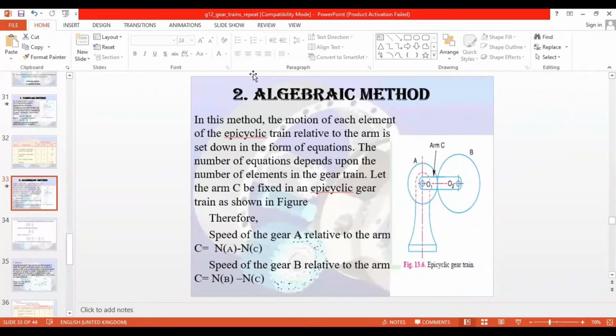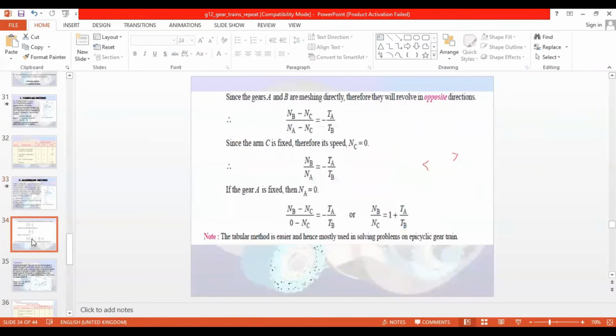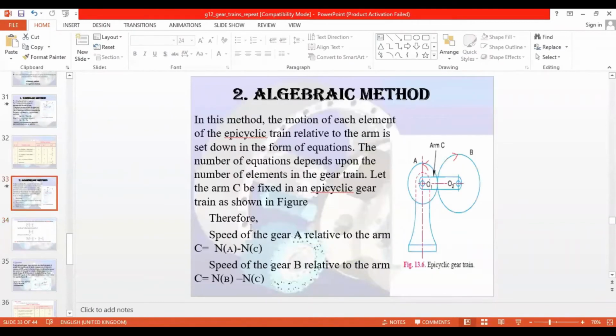That is obvious, since this forms a simple gear train: if this moves clockwise, this will definitely move anti-clockwise. The speed ratio we know can be given by NB upon NA equal to TA upon TB.